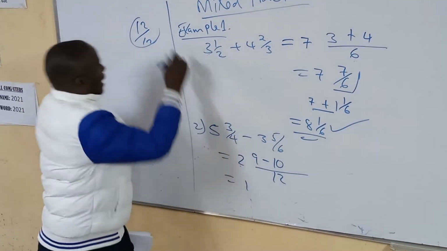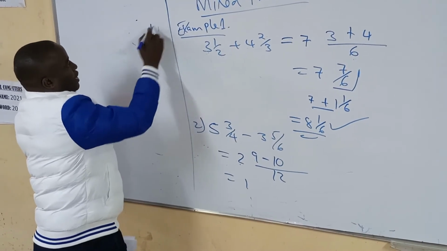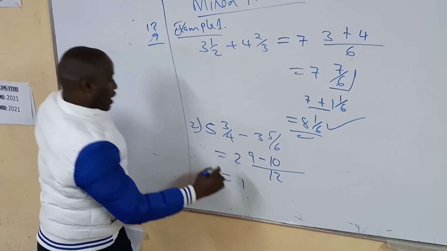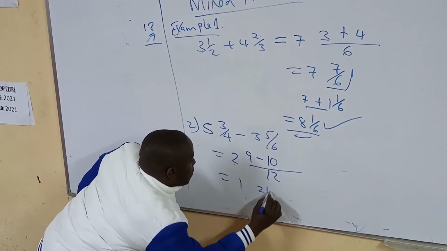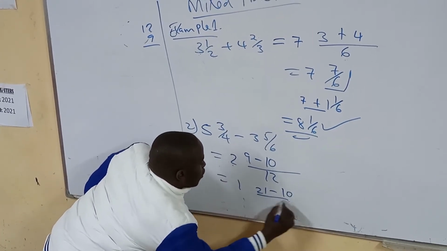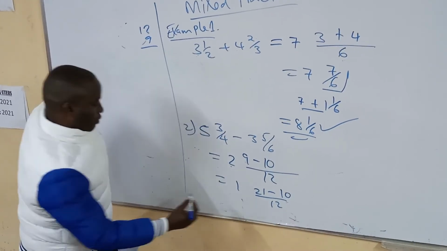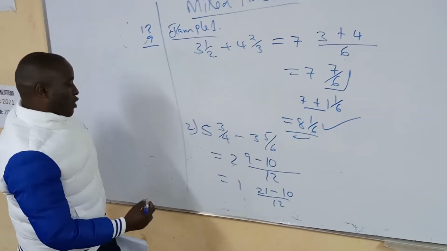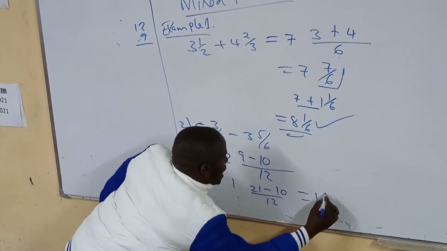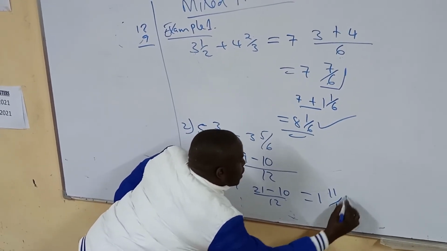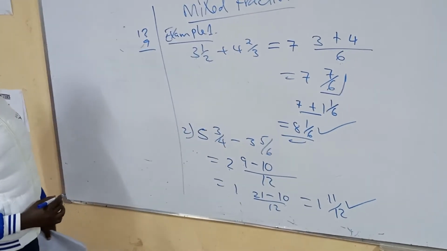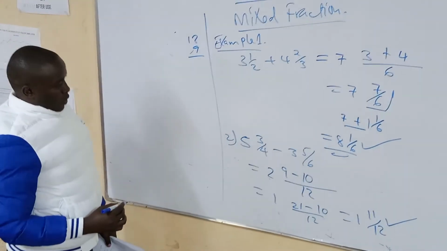So 12 plus 9, you get 21. So we shall have 21 minus 10 all over 12, which is 11. So the answer becomes 1 and 11 over 12. It becomes the simplest way of solving these questions.